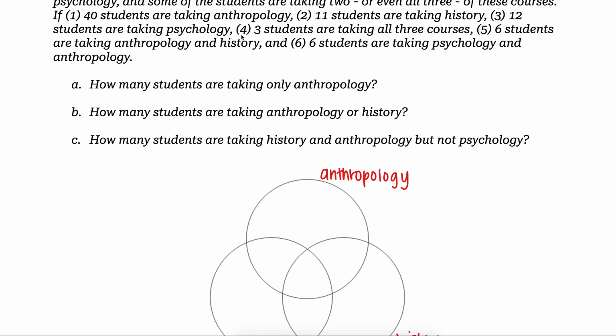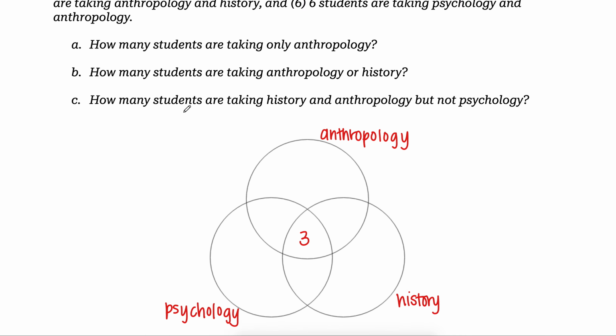So I'm going to take that information and fill in my Venn diagram. I'm going to start with number 4 here, where it says 3 students are taking all 3 courses. So where all 3 circles overlap, I'm going to put a 3. Now I'm going to look at numbers 5 and 6. Number 5 says that 6 students are taking both anthropology and history.